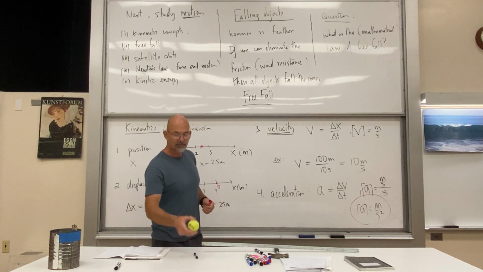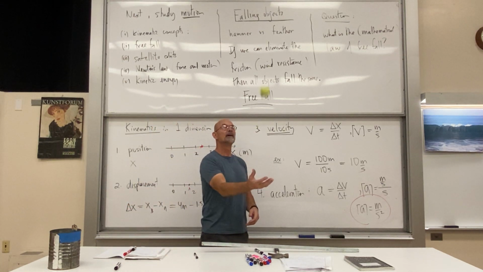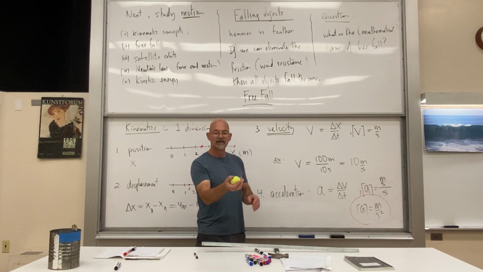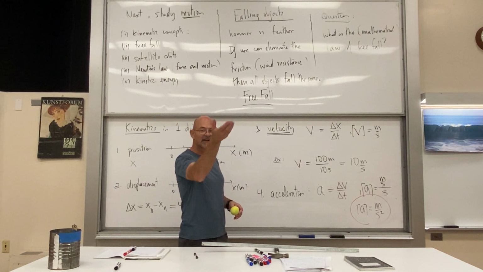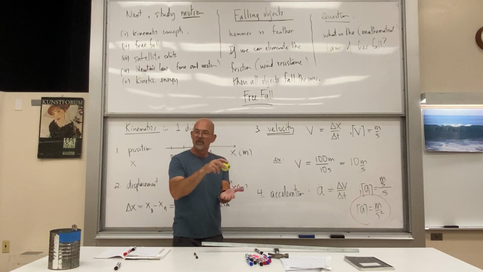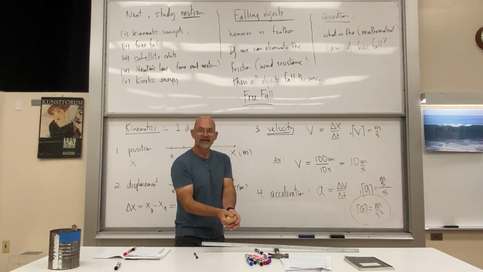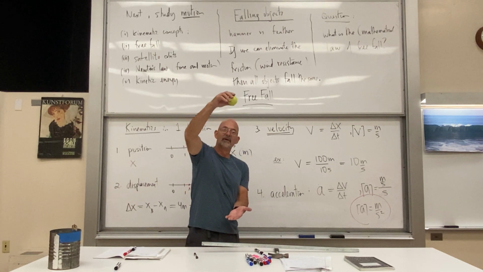Now let's look at the free fall problem. I'm just going to throw the tennis ball up and catch it, okay? It started at rest, it left my hand with a certain speed. So that was an acceleration that I gave the tennis ball. But when it left my hand, it was on its own. It came up, came back down. So after it left my hand, it was slowing down.